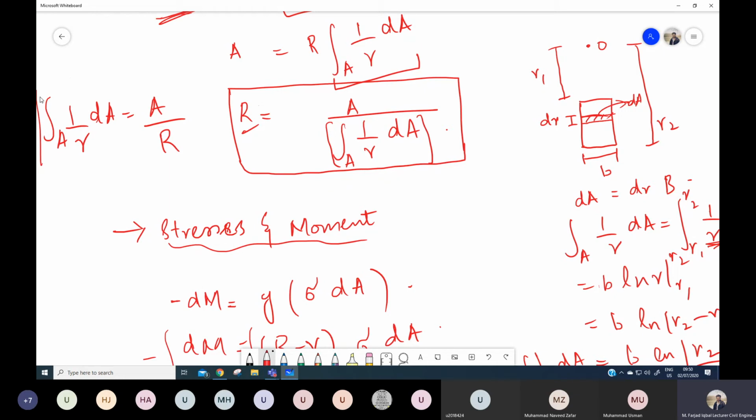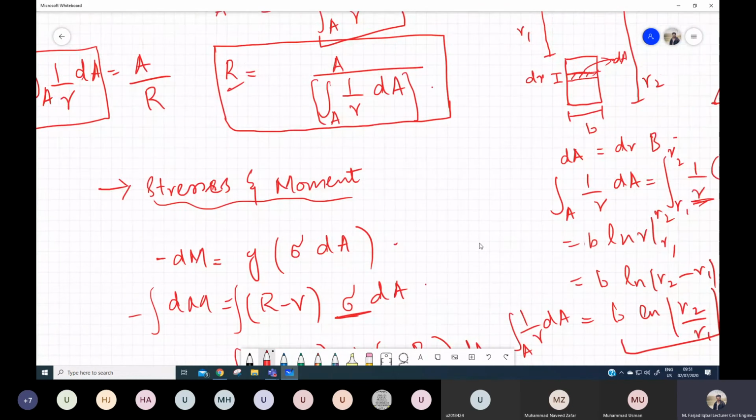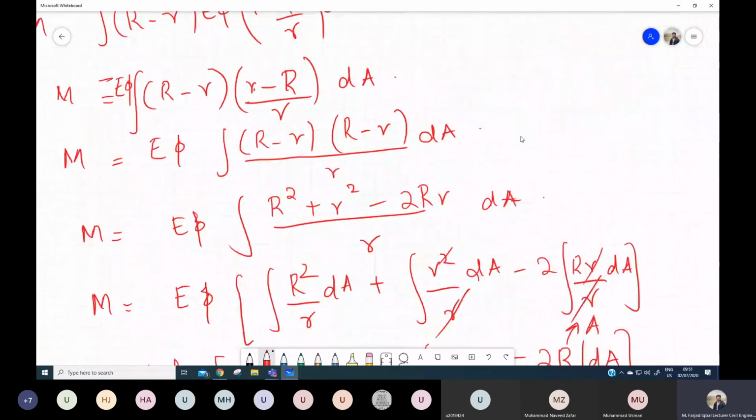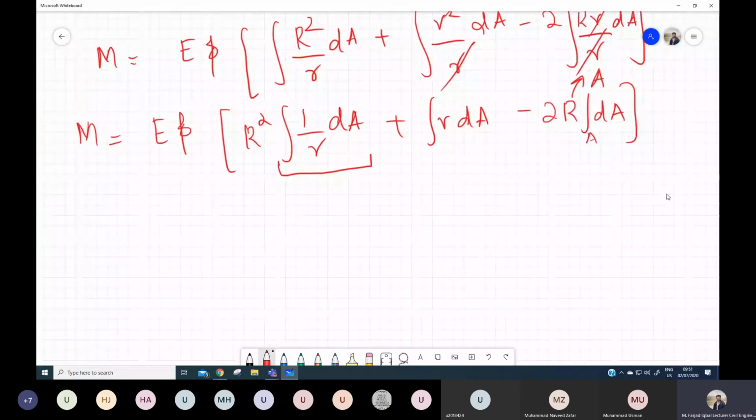So we have the equation for this integral, which I will substitute in this equation that we have derived just over here. So that integral is equal to capital A over r, so I will replace that factor over here.